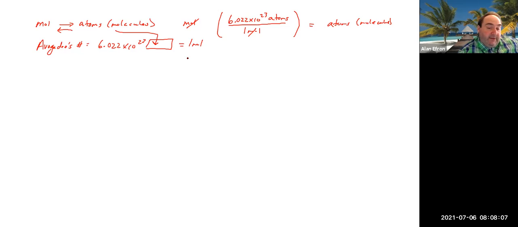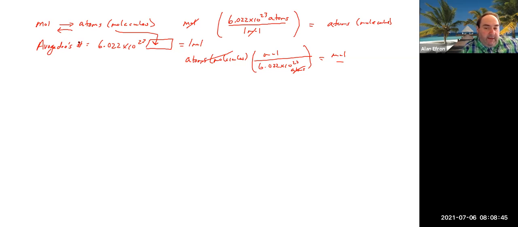Alternatively, if you start with atoms or molecules, you could use Avogadro's number the opposite way as a conversion factor, which is just dividing by Avogadro's number. We could put that on the bottom, moles up on top. Atoms would cancel, and that would give you moles. So this is where we want to use Avogadro's number, going from moles to atoms or molecules, and the opposite way.